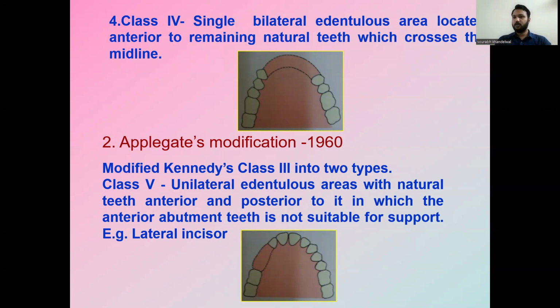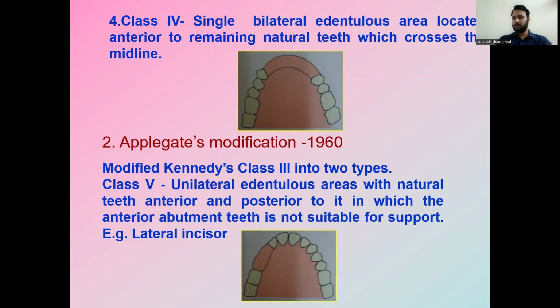If we can take support, then it will be considered class 6. So two modifications are there, class 5 and class 6. Now let's see what is class 5. Class 5 is a unilateral edentulous area with natural teeth anterior and posterior to it, in which the anterior abutment tooth is not suitable for support. Example, lateral incisor. We do not consider lateral incisor as a good abutment tooth.